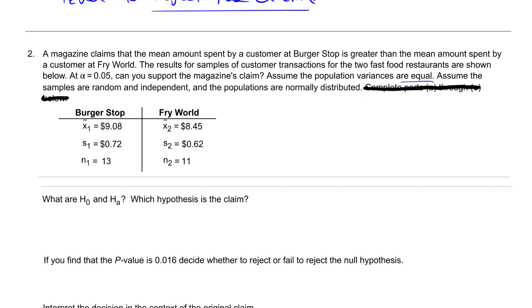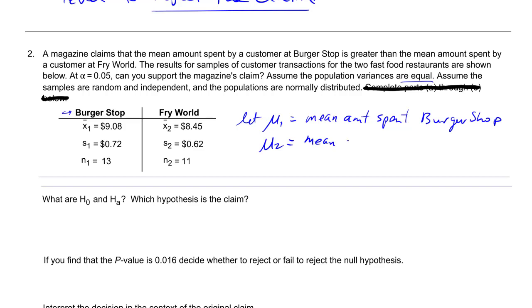Okay. I'm going to again let mu1 be the mean amount spent for Burger Stop, because that's what they've done over here with the ones, and mu2 be the mean amount spent at Fry World.